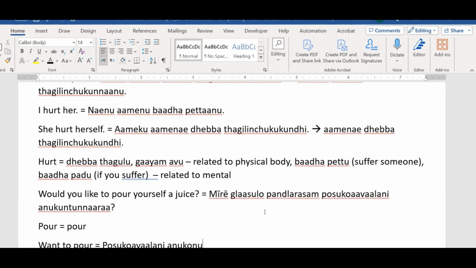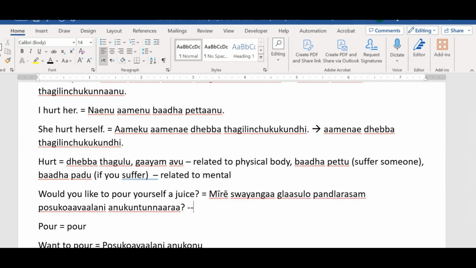Want to pour. So want to pour or would you like to pour, it gives the same ending. Andi. Then yourself means mere. Miru is you. Yourself, mere. So here we can also write mere swayanga. This is the actual meaning in this one. So with your hands, on your own, in such case, we can say mere swayanga.